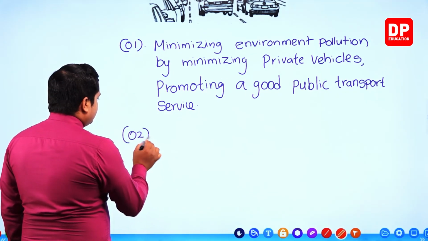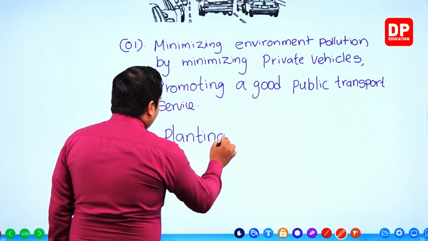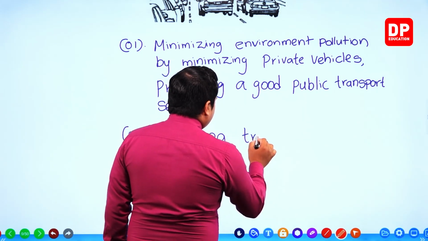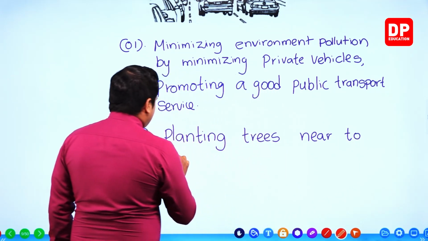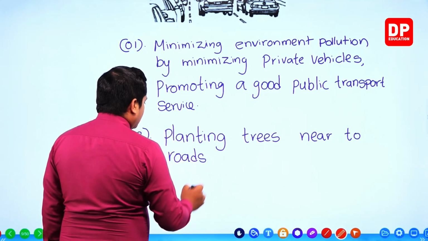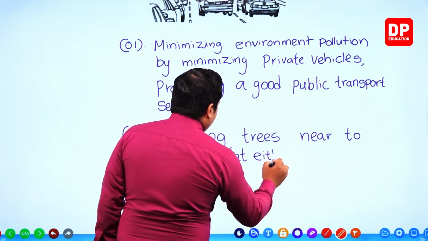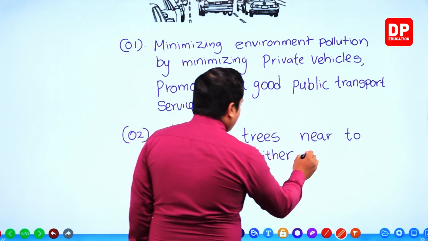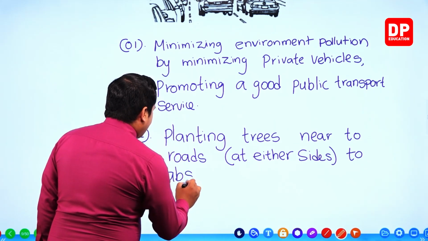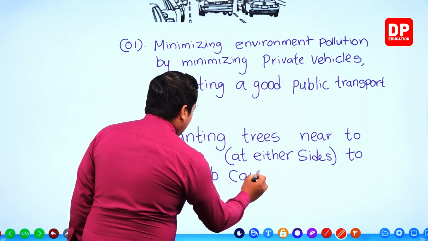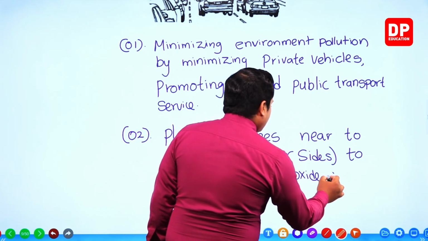Number 2, planting trees near to roads to absorb carbon dioxide gas.